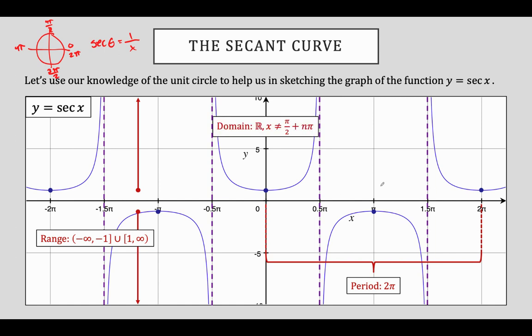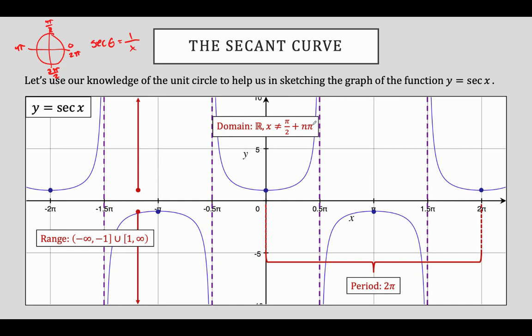That's every half period. So we say x cannot equal pi over 2 plus n pi. Again, pick one of the vertical asymptotes. This one's pi over 2. Add n times however frequently they occur. There is a vertical asymptote every pi, so we have n times pi.